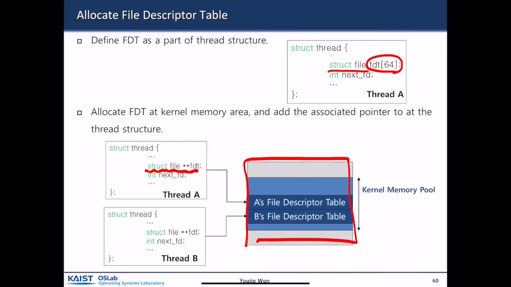In this case, two threads can share the same file descriptor table. Or here, in this example, thread A has a pointer that points to its own file descriptor table, and thread B has its own file descriptor table defined outside the thread structure, and the file descriptor table pointer of the thread B structure points to its own file descriptor table.